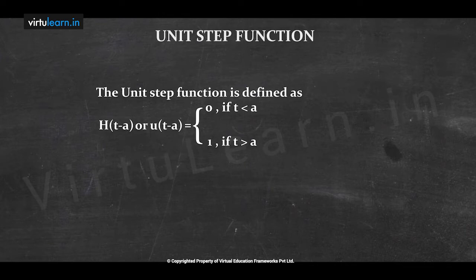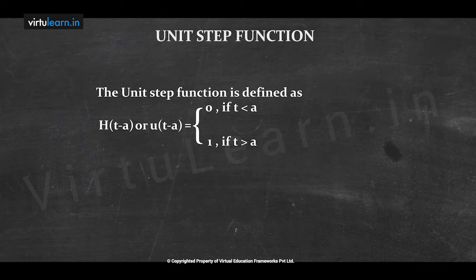Now this function is denoted by H of t minus a or u of t minus a. For this function they have given two values, 0 and 1. 0 if t is less than a and 1 if t is greater than a.